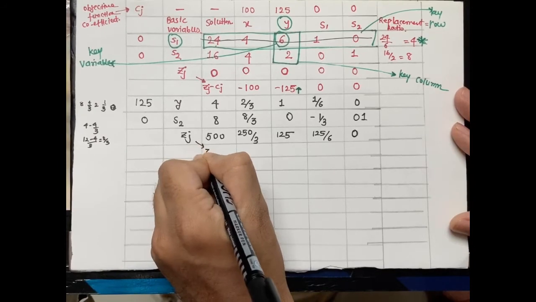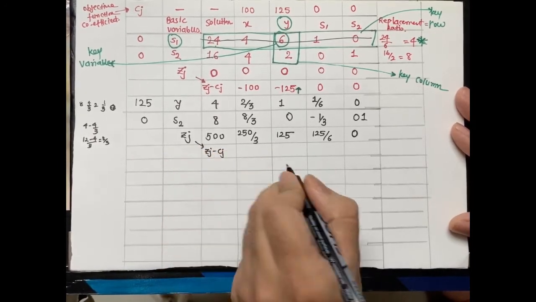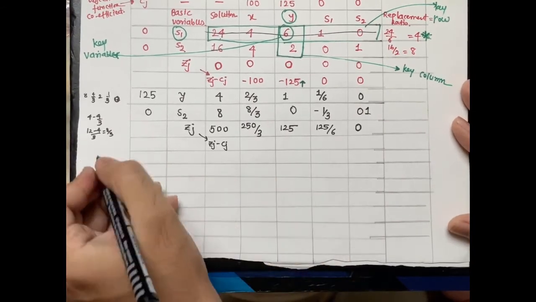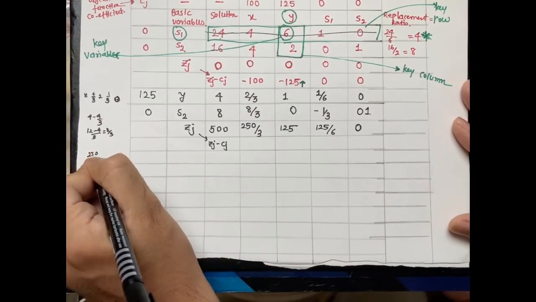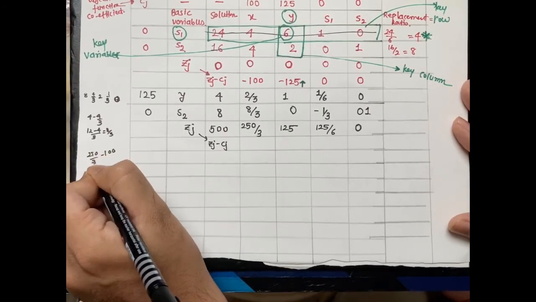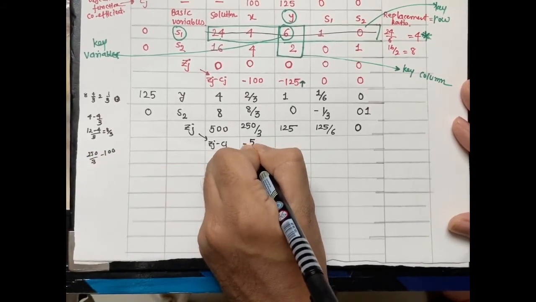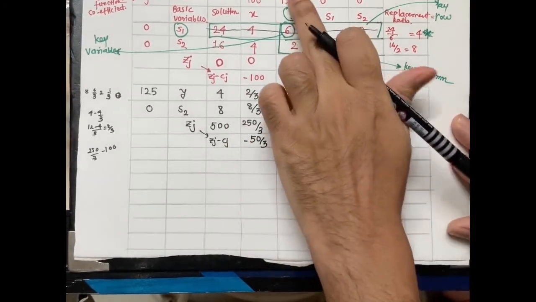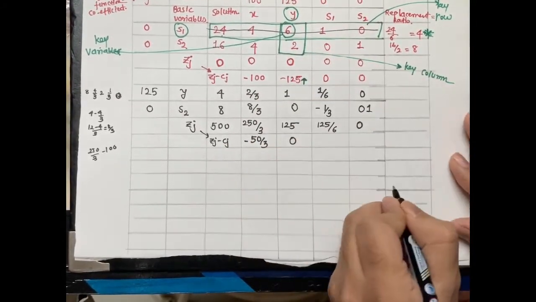Again, if I do the Zj minus Cj, so 250 by 3 minus 100, that is giving me minus 300 plus 250 over 3, so it gives us minus 50 by 3. 125 minus 125, that I am getting as a 0.